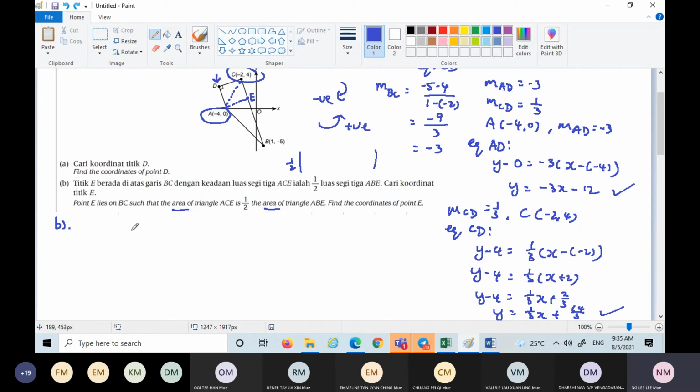Let me think how to draw it, because this one already looks like 90 degrees and I don't want it to look like 90 degrees.